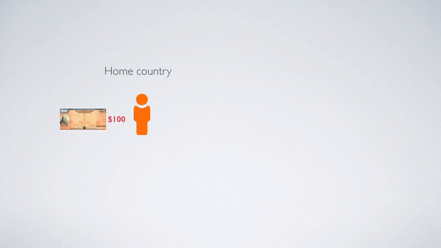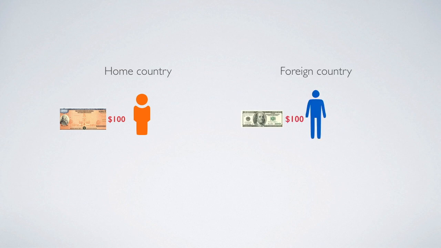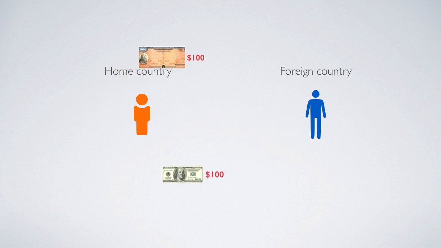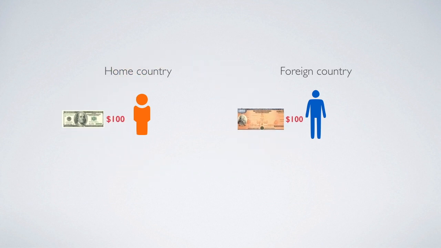However, if the person who issued the bond is not selling the bond to a home citizen, but instead sells the bond to a foreigner, the foreign citizen pays $100 to obtain a bond position of $100. So the home country citizen's bond position would decrease by 100, and the bond position of the foreign country would increase by 100.